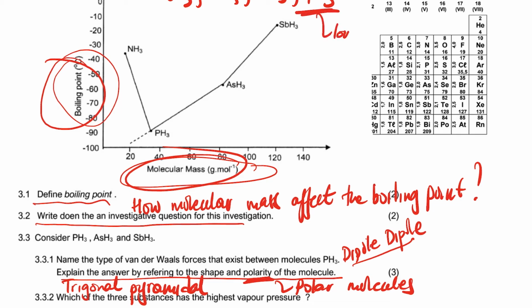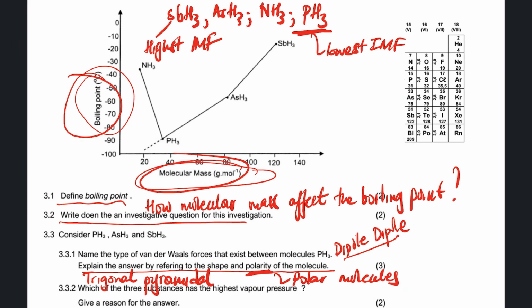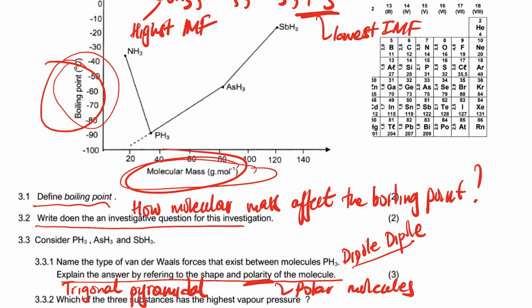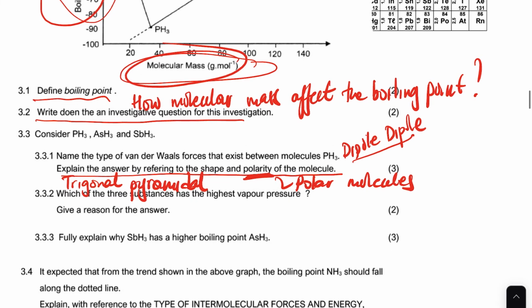This is the lowest intermolecular force, and this is the highest intermolecular force. So the one with the lowest intermolecular force is the one with the highest vapor pressure. So my answer will be PH3, all right? And then it says give a reason for your answer.